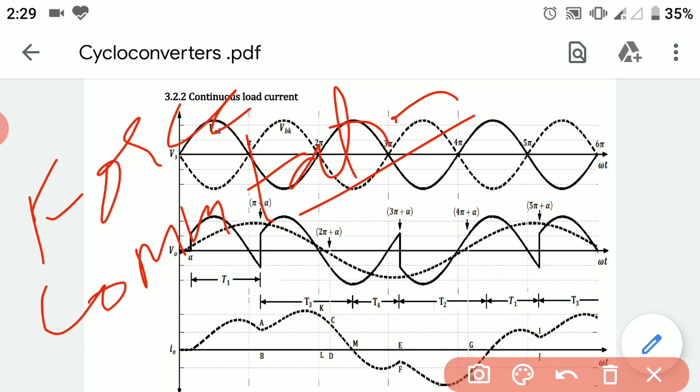A forced commutation process actually turns off thyristor T1 at the time instant we desire, but in the natural commutation process thyristor T1 turns off naturally. So by using the forced commutation process we can match up the turn off time of T1 and the turn on time of T3, and the discontinuity in the load current can be removed.